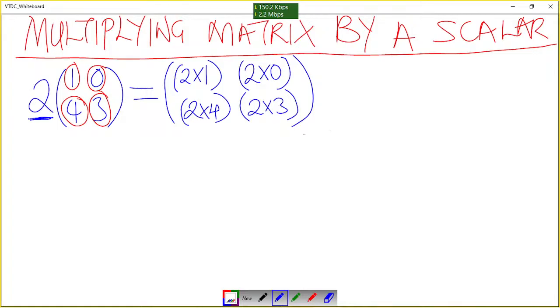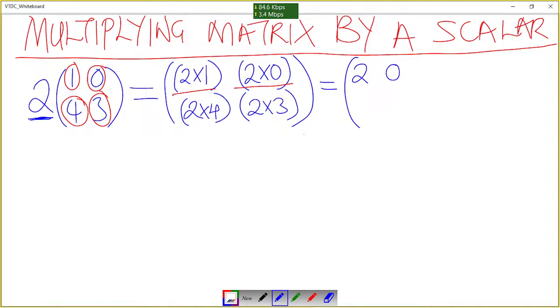Once we have done that, we say equal to, open another matrix, and then we find the product of those expressions in the matrix. Let's start with 2 by 1. 2 by 1 will give us 2. Then 2 by 0 will give us 0.